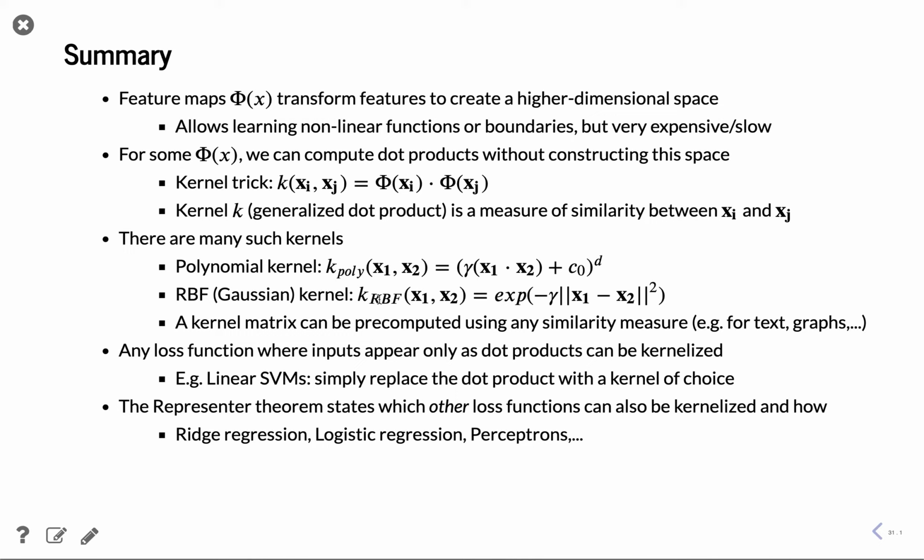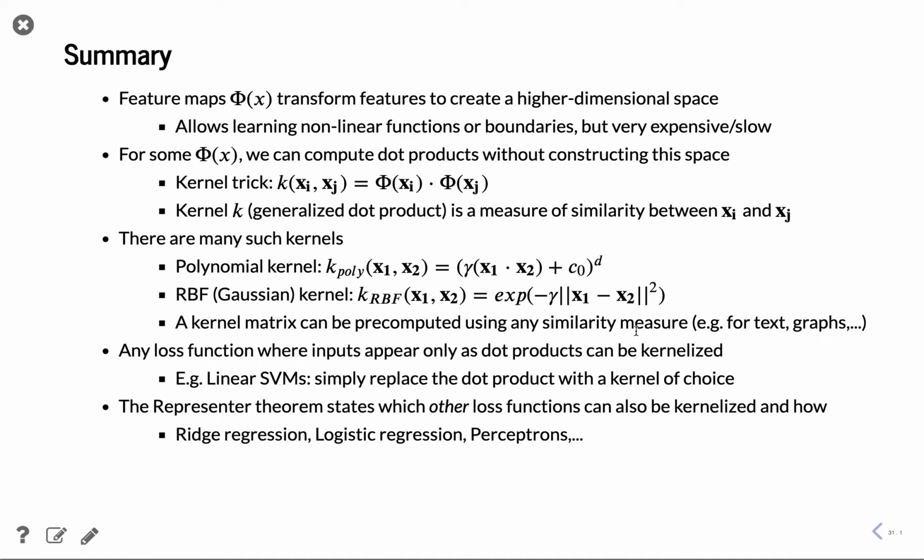The RBF kernel looks like this. This actually computes the dot product in an infinitely high-dimensional space, and it evaluates like this. And the RBF kernel, very importantly, looks at the difference between 2 points. So it's a local kernel, and it results in every point having only a local influence in your final decisions.